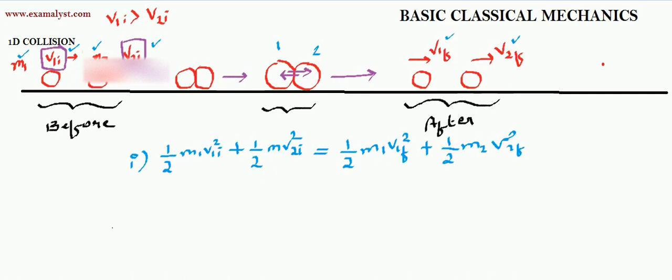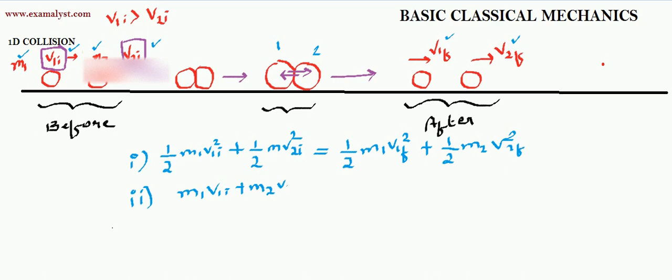Now the second equation will be about the conservation of momentum. As I said earlier, momentum will be conserved whether this is an elastic or inelastic collision. Can you tell me what was the total momentum before collision? The momentum of the first ball was m1 v1i, and the momentum of the second ball was m2 v2i, and when you add them you get the total momentum.